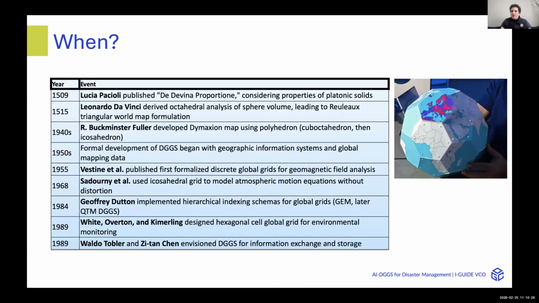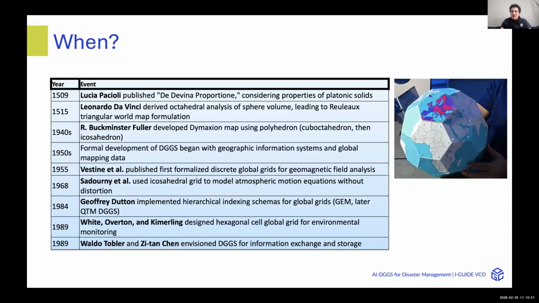Now I want to talk about the history of the DGGS. It's not a new technology. The concept has been around since 500 years ago, and even in the contemporary context, there have been DGGS implementations since the 1950s. So why is it important now?